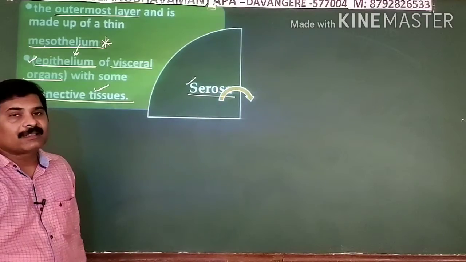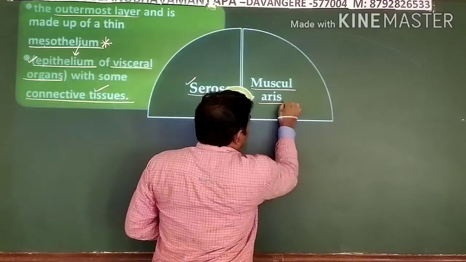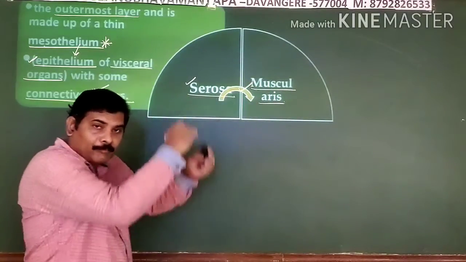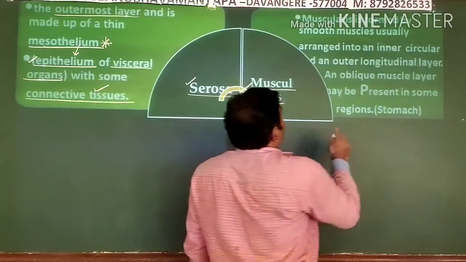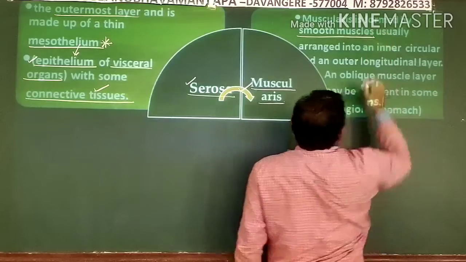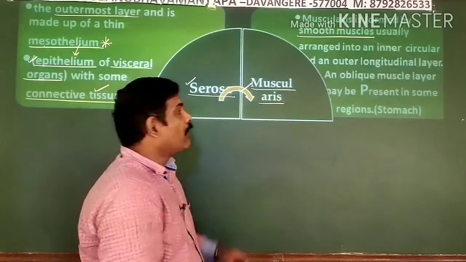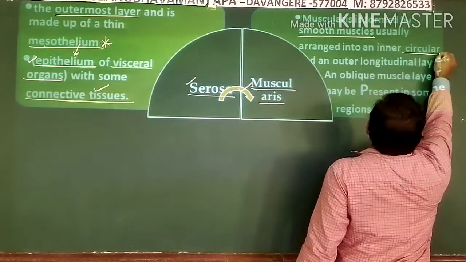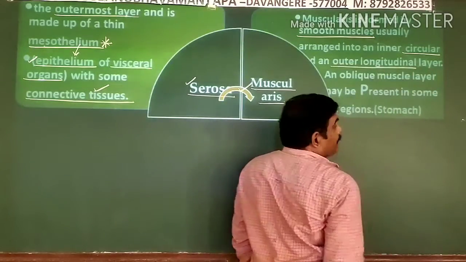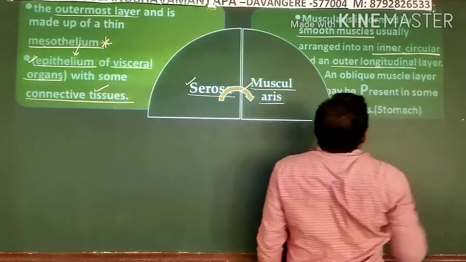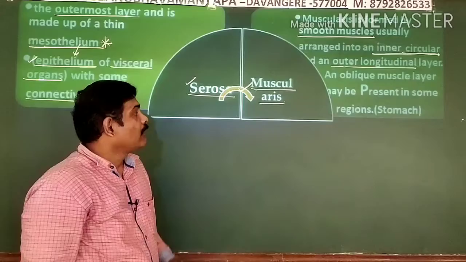The second layer is known as muscularis. Muscularis is the second important layer present underneath the serosa. It is formed from smooth muscles, which are arranged in two different layers. One is the inner circular muscle, whereas the second is the outer longitudinal muscle.